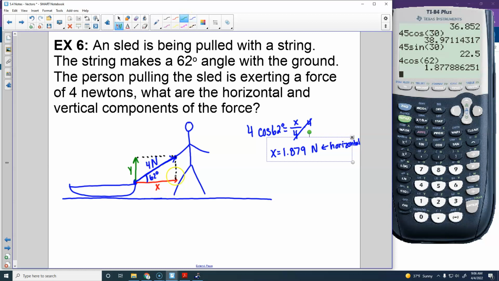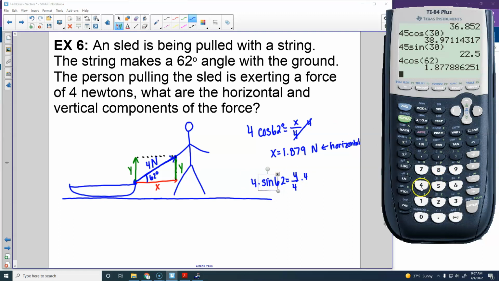And then if I want to find that vertical force, I've drawn my vertical force over here, but it really is the same as this side right here, so I could call it Y right there. Hallie, how would we set it up for that one to find Y? Perfect. And all we have to do to solve that one is multiply both sides by 4.